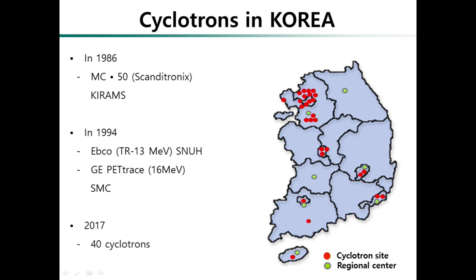In the case of Korea, the cyclotron history comes from 1986. The first cyclotron was in KIRAMS, and the second one is in SNUH and Samsung Medical Center. We have almost the same installation rate. The first production of FDG was done by Professor Jaemin Jung in our department.